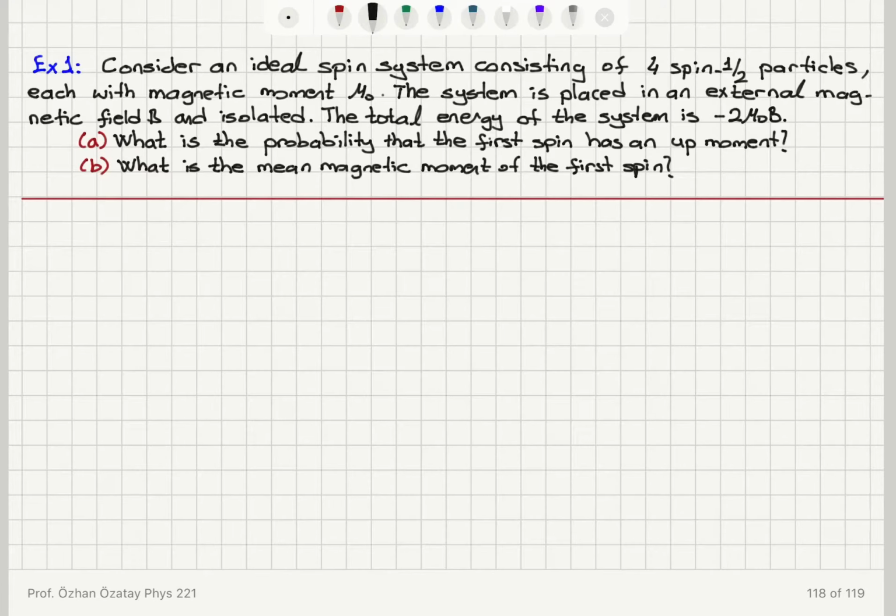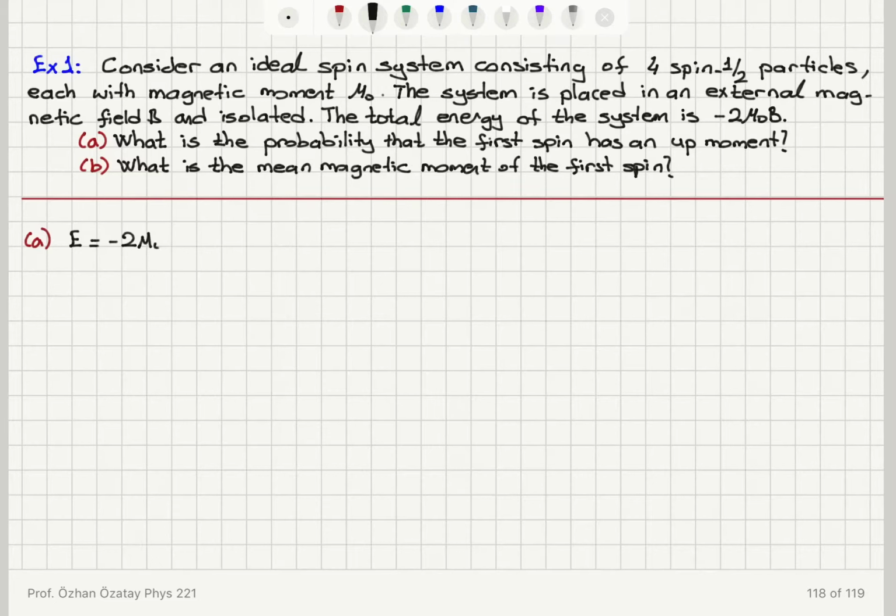The system is placed in an external magnetic field B and isolated. Total energy of the system, since we have discussed this in detail before, I'm just going over what we found previously.